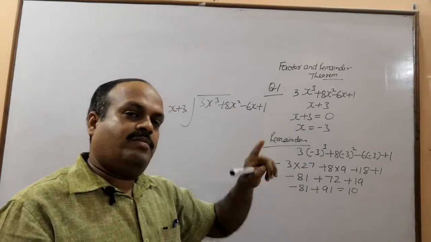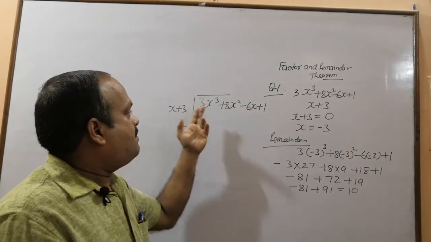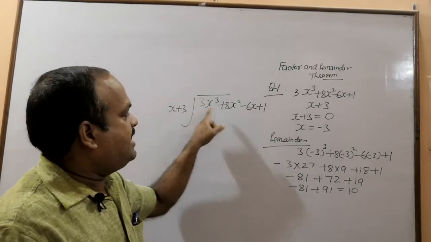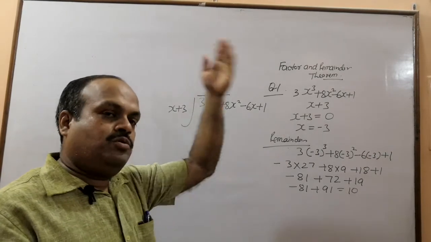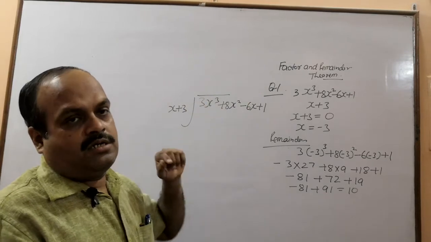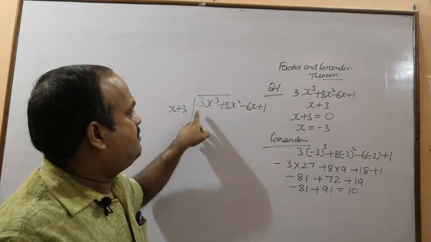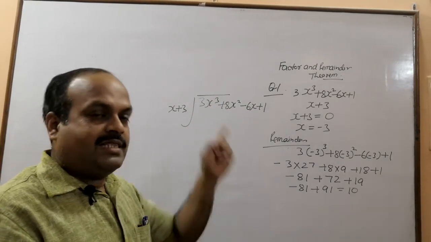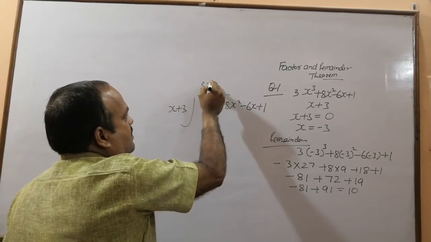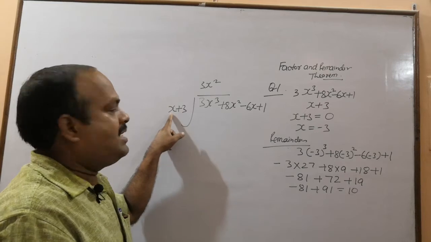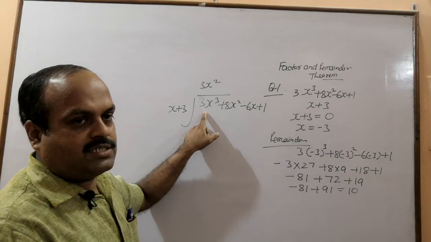The same pattern we will use here. Since the first term of this expression is 3x cube and the first term of the divisor is x, we need to think of a number which when multiplied by x gives 3x cube, and that will be 3x square. When x is multiplied by 3x square, then only we get 3x cube.